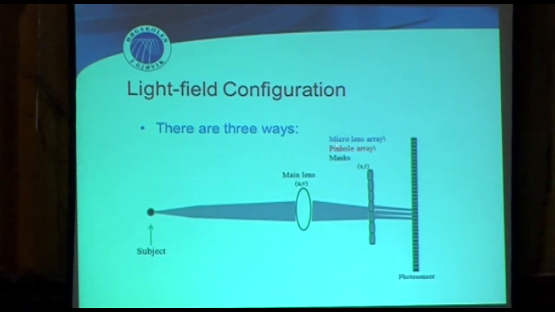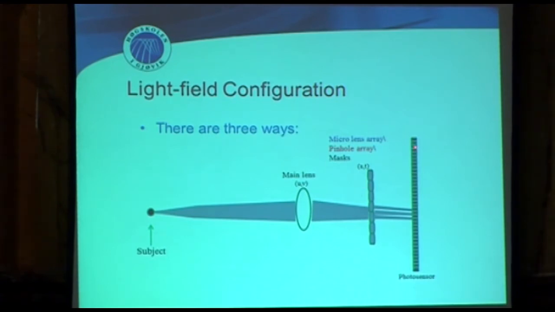micro lenses. In the micro lens array, there are more than 20,000 or 50,000 micro lenses which are very small in size. These are placed before the sensor and next to the main lens, so that the main lens is always focused on the subject, and these micro lenses can be arranged in 2 different fashions.